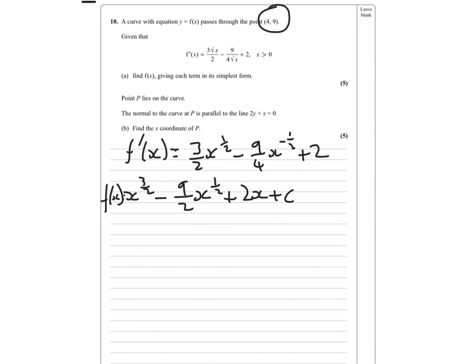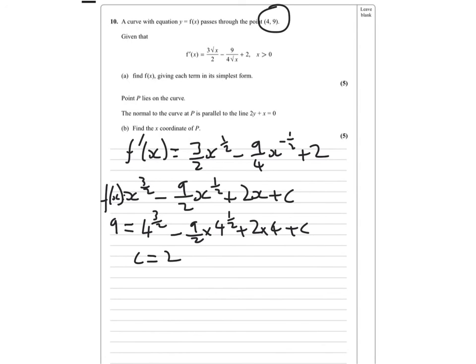Now we're told that (4, 9) is on there, so you swap. So you're going to make it 9 equals 4 to the power 3 over 2 minus 9 over 2 times 4 to the power half plus 2 times 4 plus c. C you find equals 2.